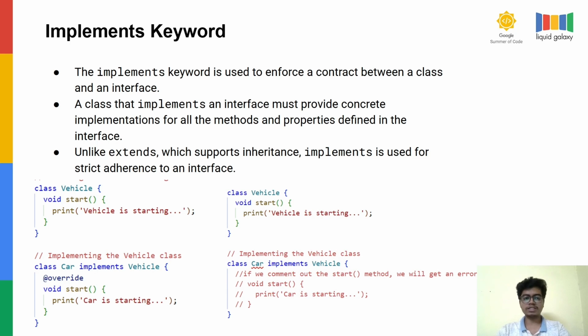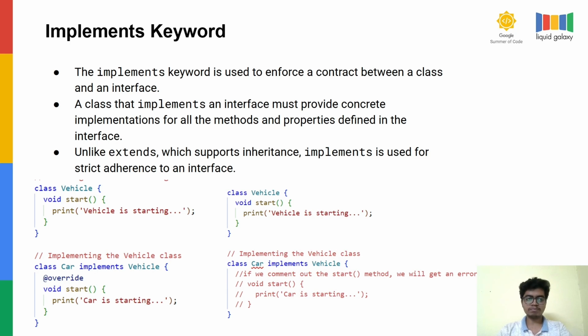Now I have created another class car, which is implementing the vehicle class. If I implement any class, then all the methods that are written in the parent class must be overridden in that class. As in the example, I've created a class named car and am implementing the vehicle class, so all the methods defined in the vehicle class must be overridden in the car class.